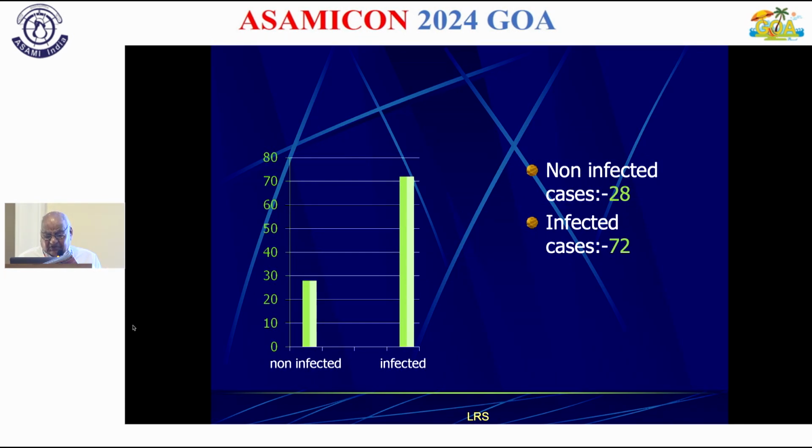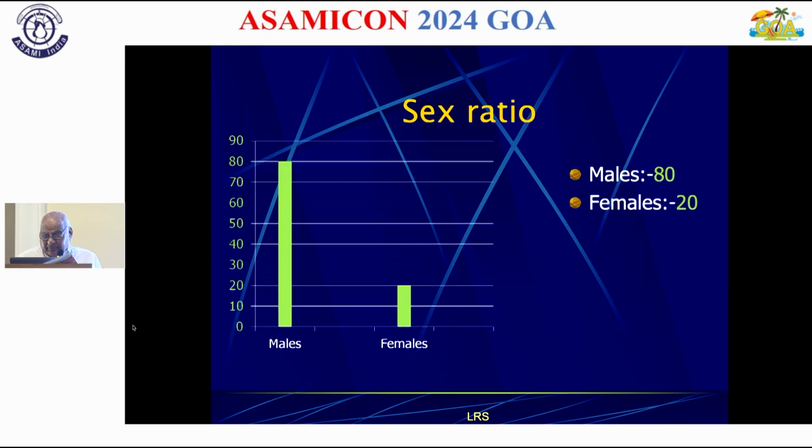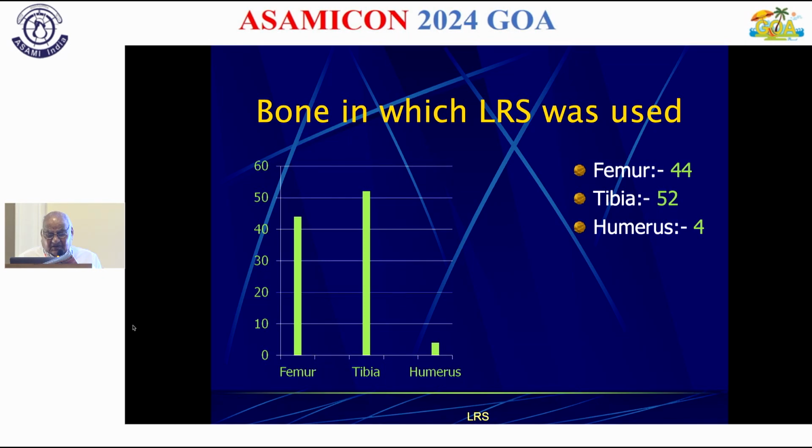We have done non-infected cases about 28 and infected cases about 72. Males were 80, females were 20. In 44 cases out of 100, we used the femur, tibia in 52 cases, and humerus in 4 cases.